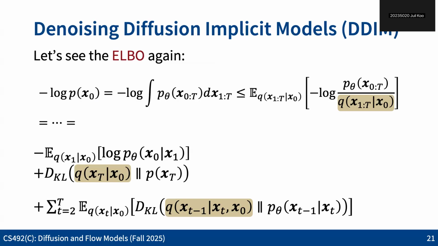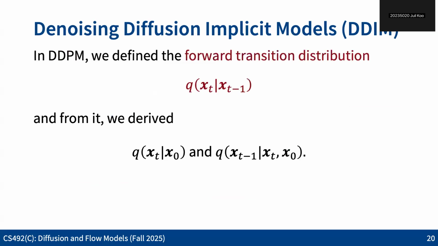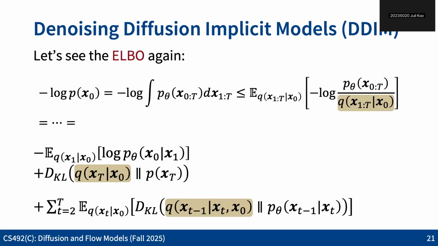So that's the main idea. Here we defined this first and derived these two based on this. But if the only information that we need is these two distributions, would there be some other way around, where we directly define these two and do not define this transition distribution?